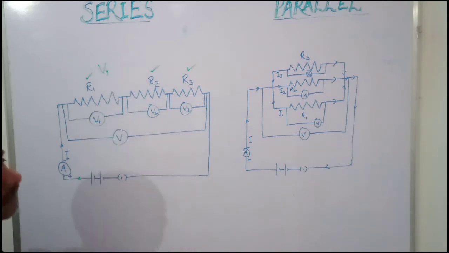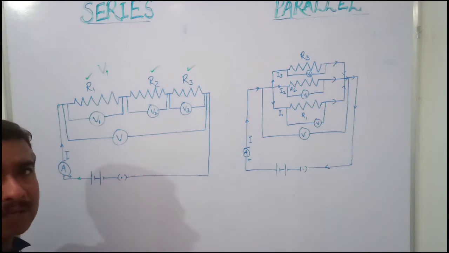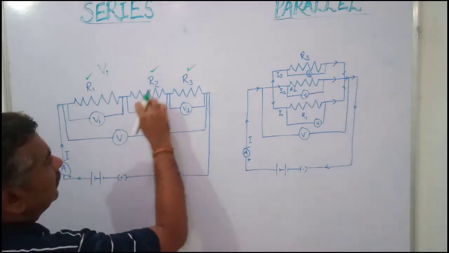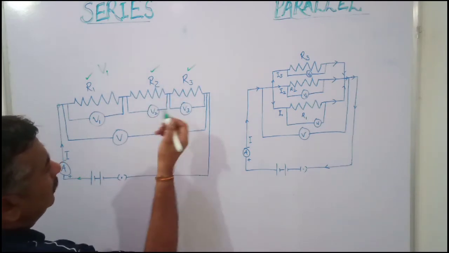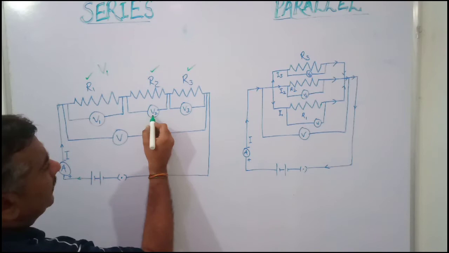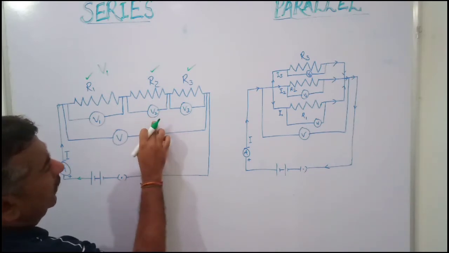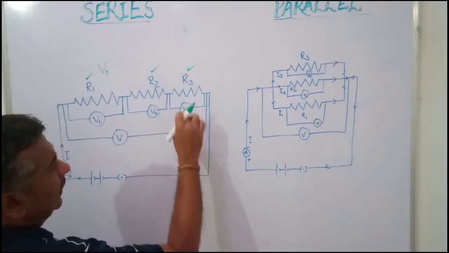So V1 is the potential drop when the electric charges pass through resistor 1. Similarly, when the electrical charges pass through the second resistor, more potential energy is used up, right? And this drop in potential across R2 is V2, and similarly the drop in potential across R3 is V3.